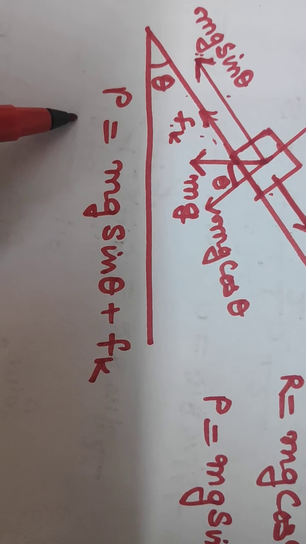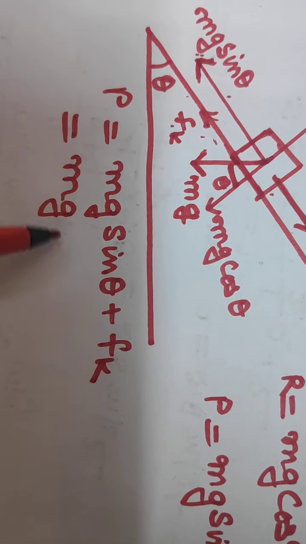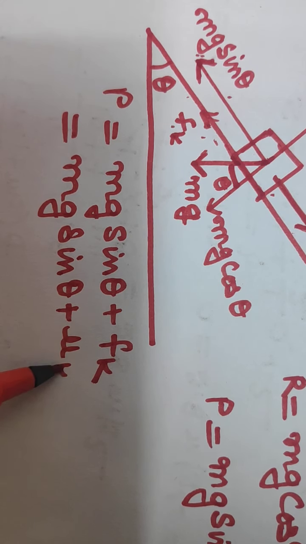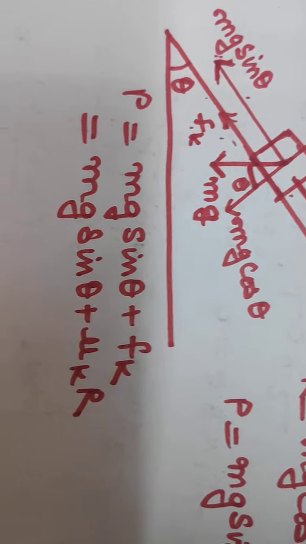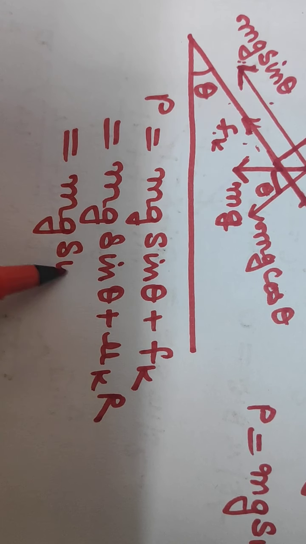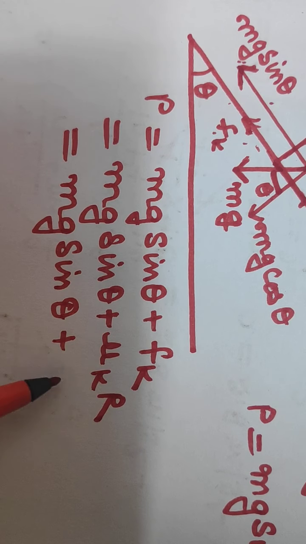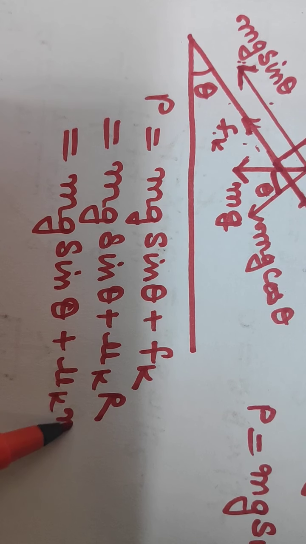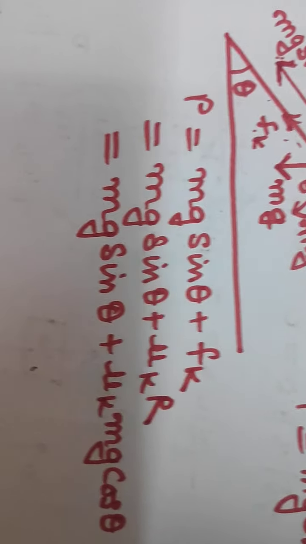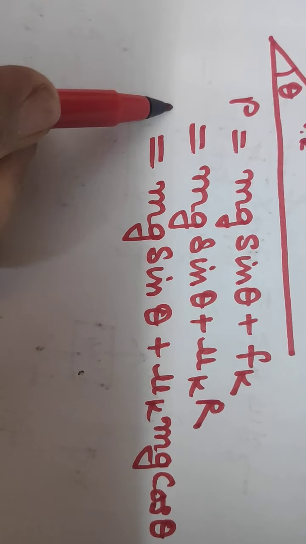Fk can be written as mu k into R, and R can be written as mg cos theta. So P equals mg sin theta plus mu k mg cos theta.